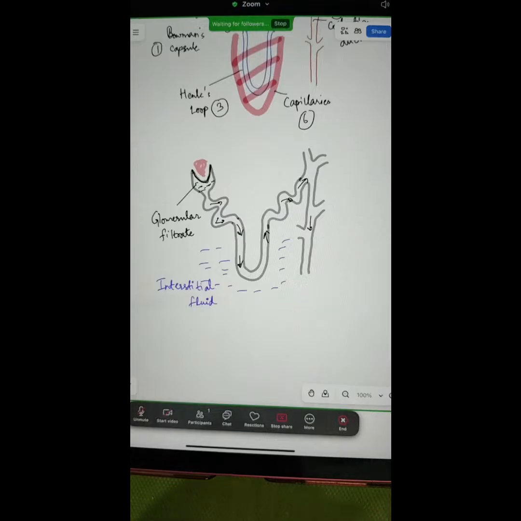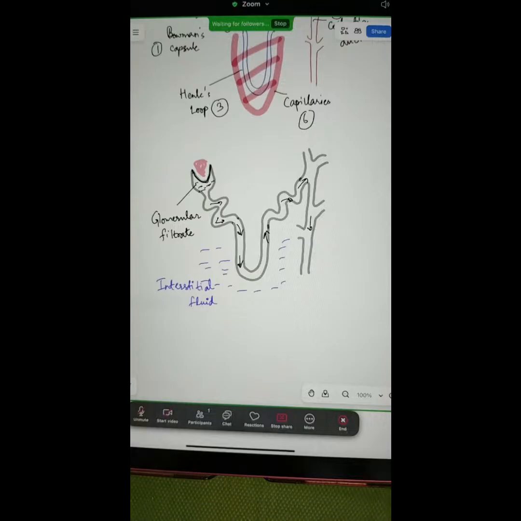Remember, you should use the word glomerular filtrate when it is transferring from the Bowman's capsule to PCT to Henle's loop to DCT. Once that filtrate joins the collecting duct, you should start calling it urine. So there should be a concentration difference between the nephron and the interstitial fluid.